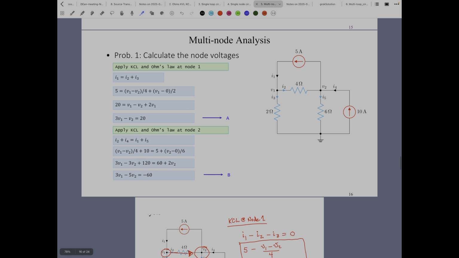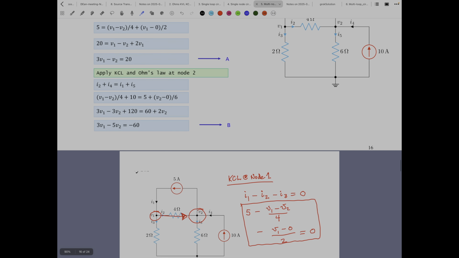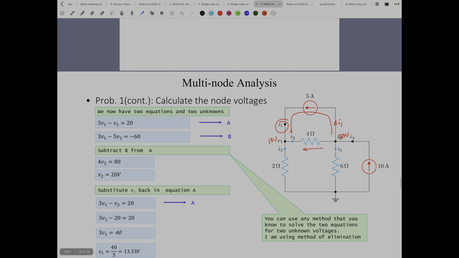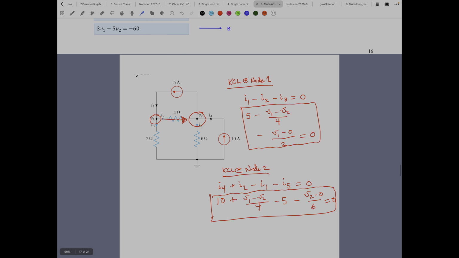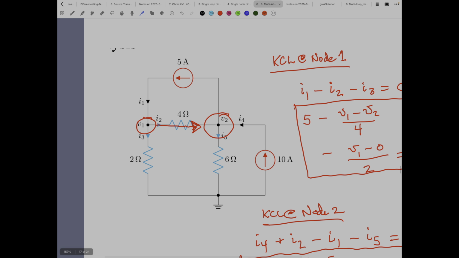And when you do that, where's the solution here? When you do that, you should get 20 volts and 13.33 volts, like this. I'll mark them in here for you.